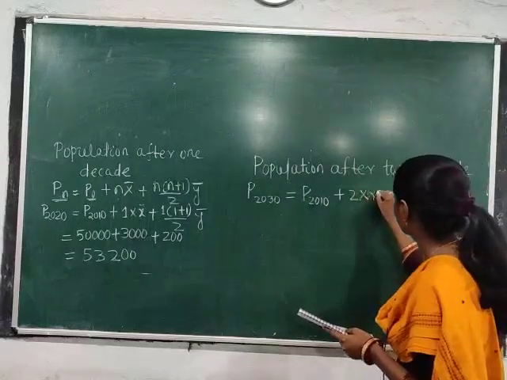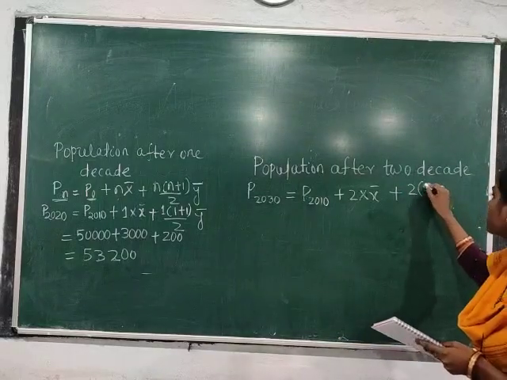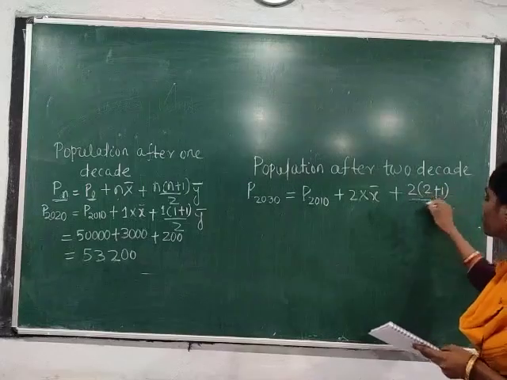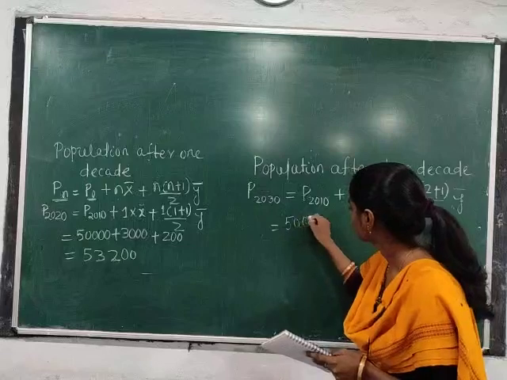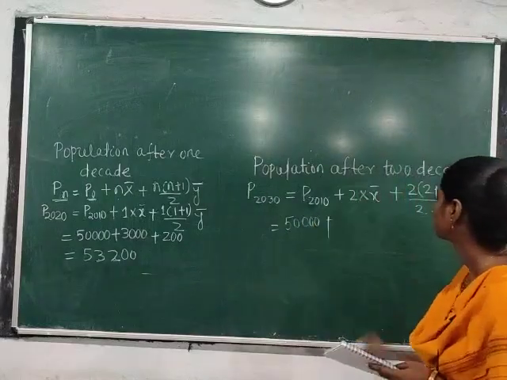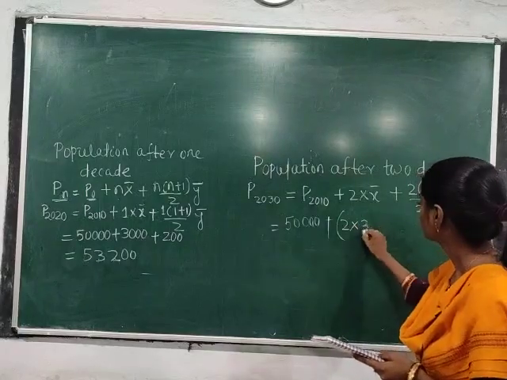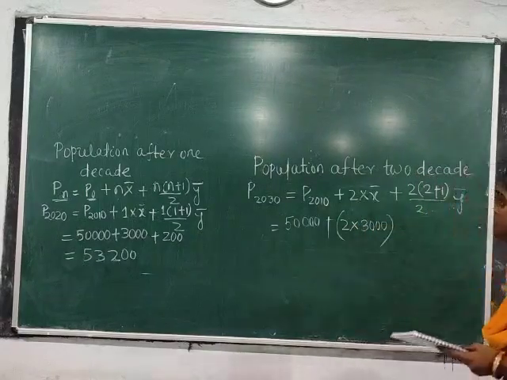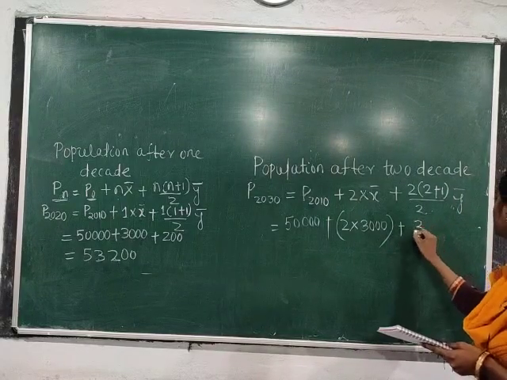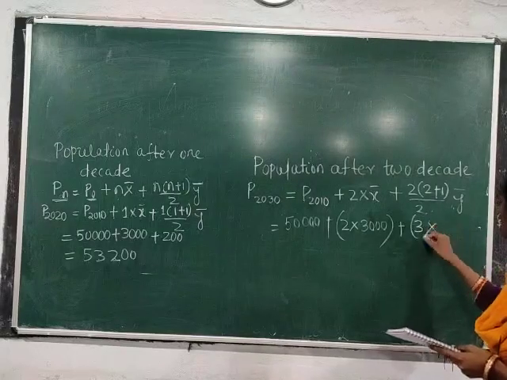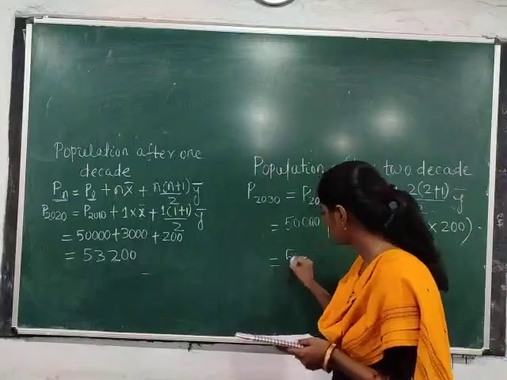So, 2 into x bar plus 2 into, so in place of n we will put 2, into y bar. The population is 50,000 plus 2 into x bar, which is 3,000, the average of increase in population, then plus 3 into y bar, which is 200. So, the result is 56,600.